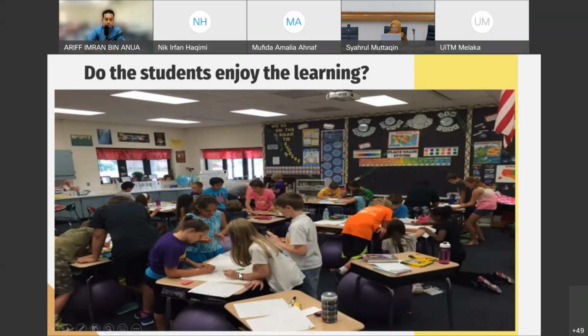You can see it. All of them are serious, but all of them look, what we call it, they enjoy their own role. Yeah, there are students writing, there are students discussing, there are also students organizing things.